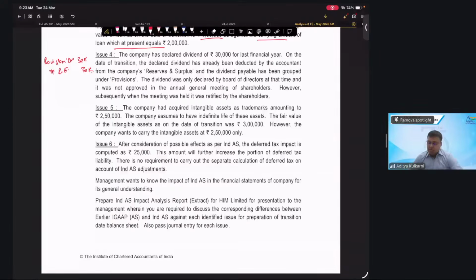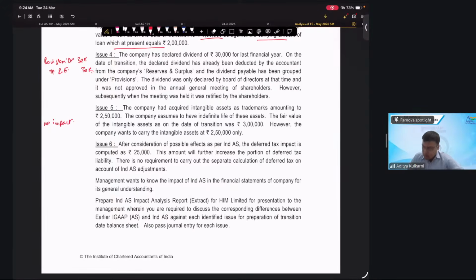However, the company wants to carry the intangible assets at 2 lakh 50,000 only. No adjustment required, sir, you can carry as per the previous GAAP. No impact. It's not necessary to do anything.